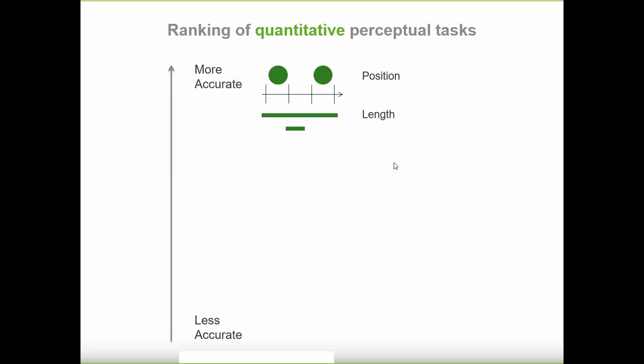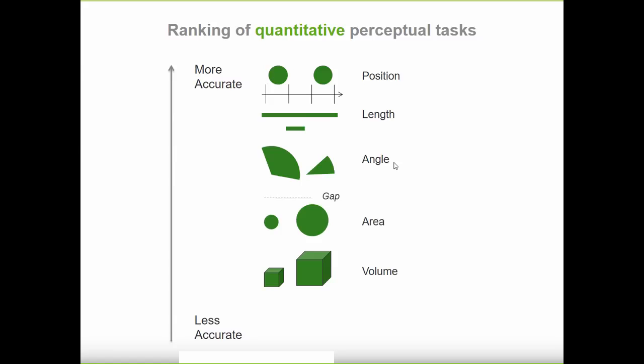After that comes length, then angle, area, then volume, and then color. Color is not as important. For example, if you have a value of 1.5 in your data, the users are more likely to interpret the value if it's encoded in a position in a scatter plot rather than maybe an area in a pie chart.